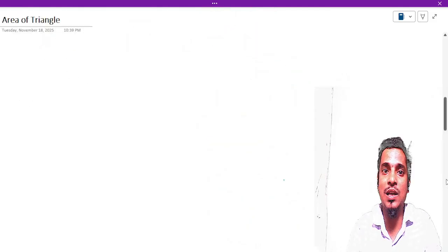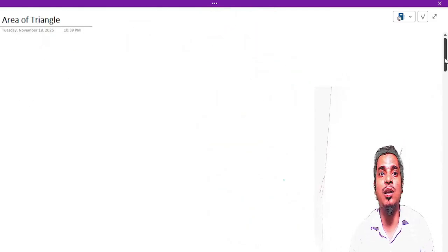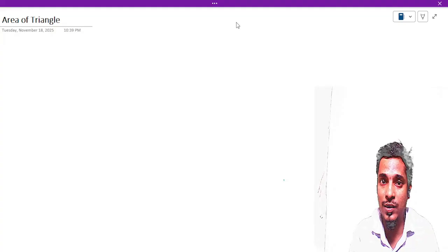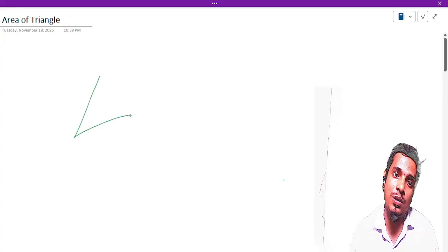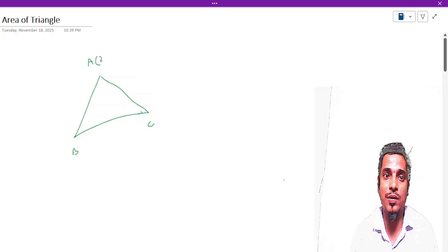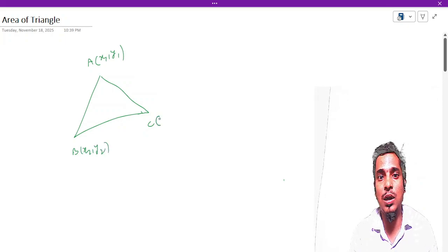Okay, now let's move to the next topic, which is very important: area of a triangle when the vertices of the triangle are given. Let me take a triangle ABC whose vertices are given as x1 y1, x2 y2 and x3 y3.